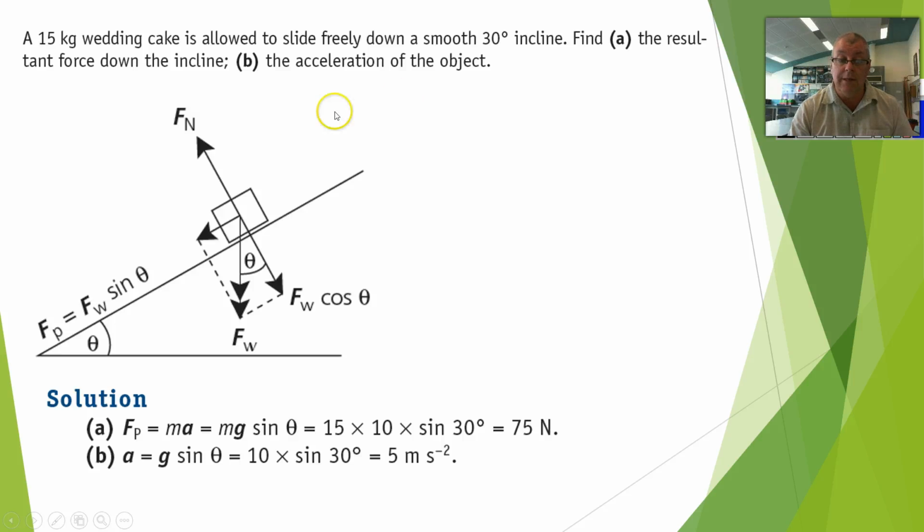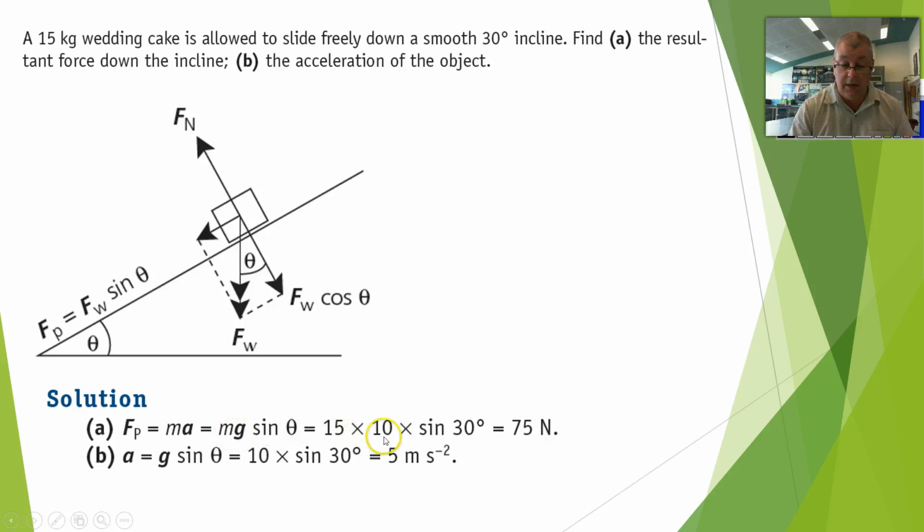So in this case, the object is accelerating. So there is an unbalanced force, and it's unbalanced because it's a smooth surface. And so effectively they're saying that the resistance is 0. And we can see now that the force down the incline, they did their little maths here: force parallel equals F weight times sine theta, and F weight is mass times gravity.